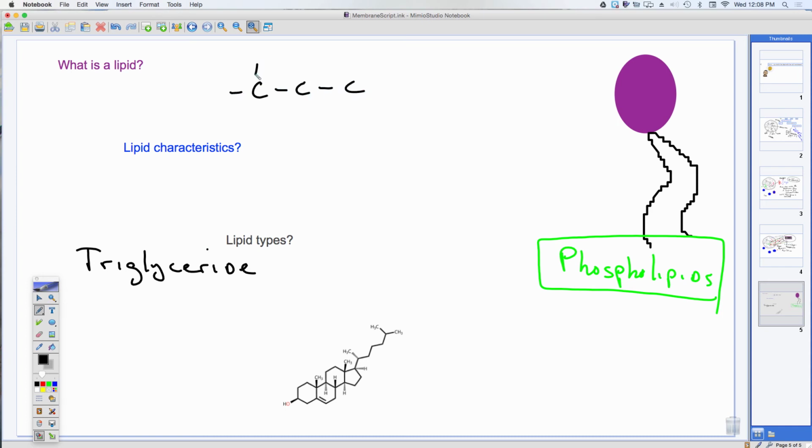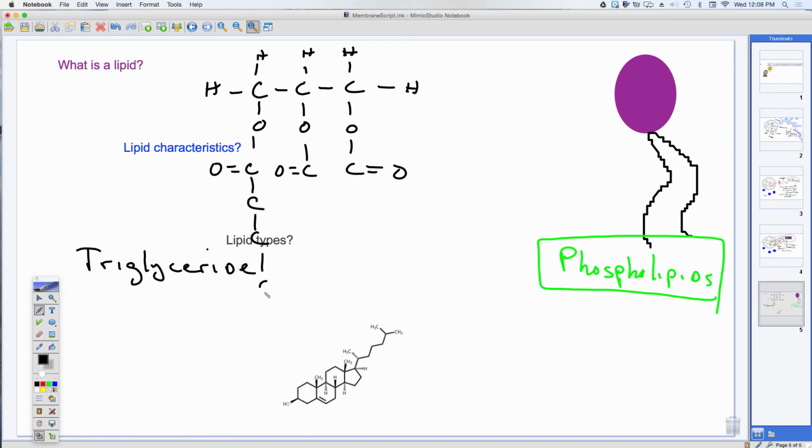A triglyceride has a small submolecule called a glycerol, which is a 3-carbon stem surrounded by hydrogens. And then coming off of that, there will be an oxygen, followed by a carbon with a group called a carbonyl attached, carboxylic acid, and then a bunch of carbons.